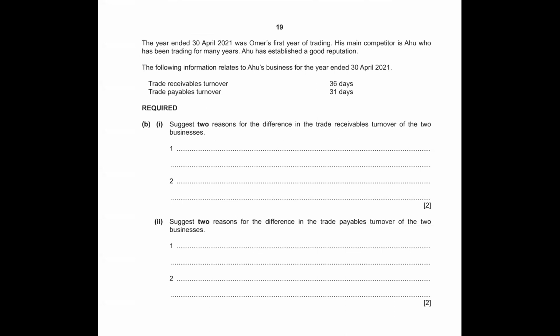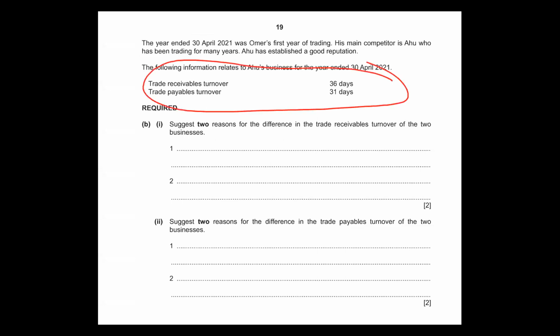The competitor, who has been trading for many years, has got the following ratios. The trade receivables days is given as 36 days, whereas for Omar we found the trade receivables days at 24, and the trade payables days to be 22.